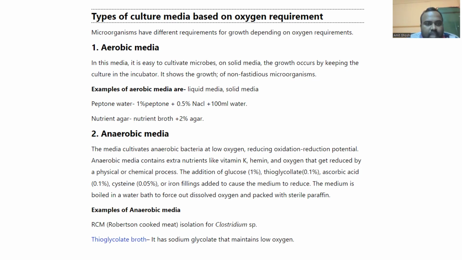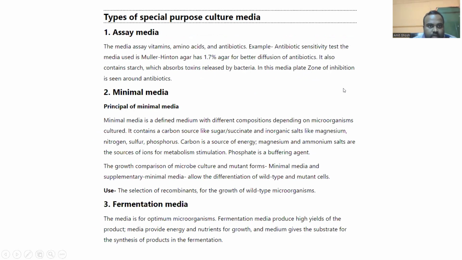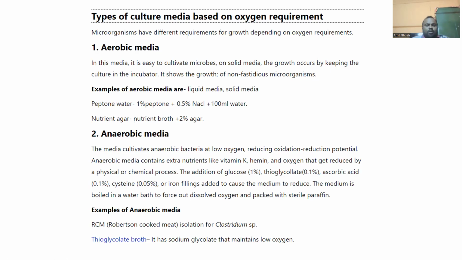For example, aerobic media and anaerobic media. In aerobic media, it is easy to cultivate microbes on solid media, and the growth occurs by keeping the culture in an incubator.